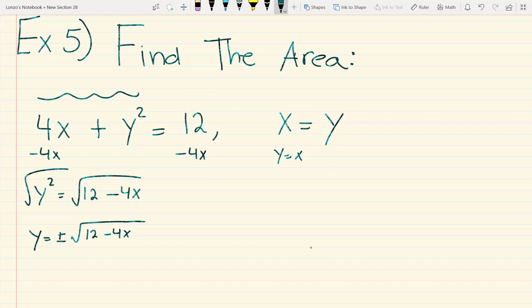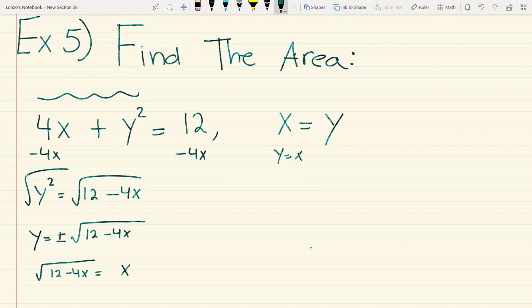You have this one. Okay, so it would be the square root of 12 minus 4x equals x, right?